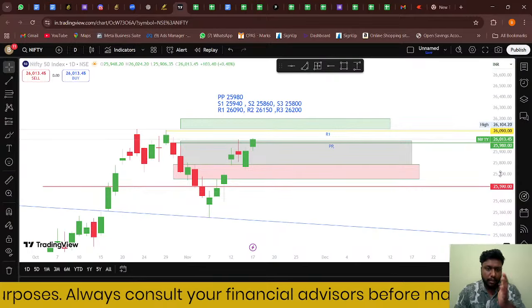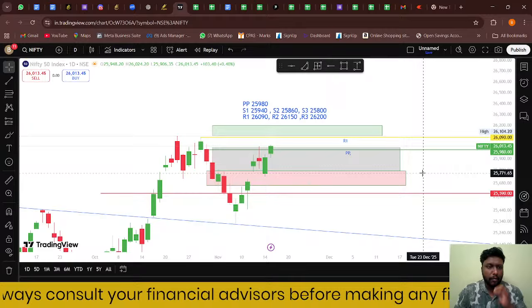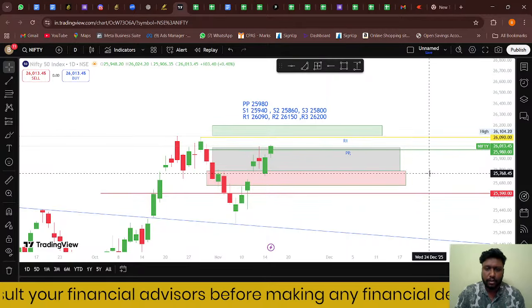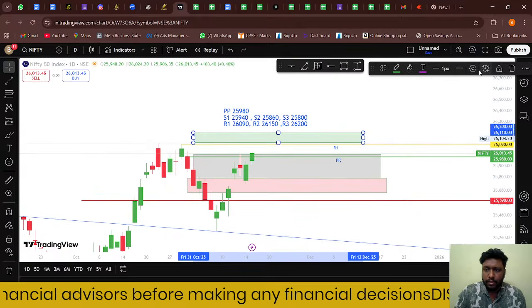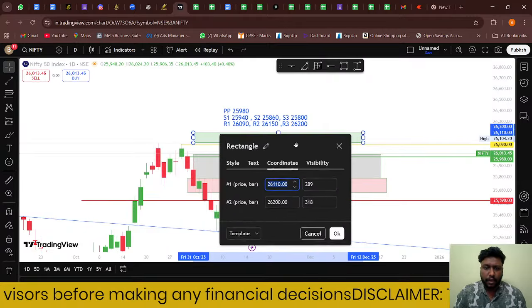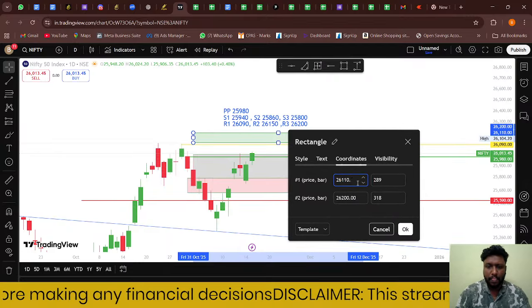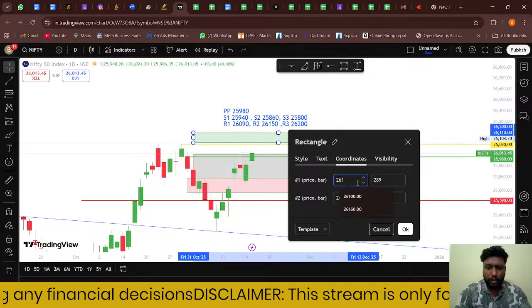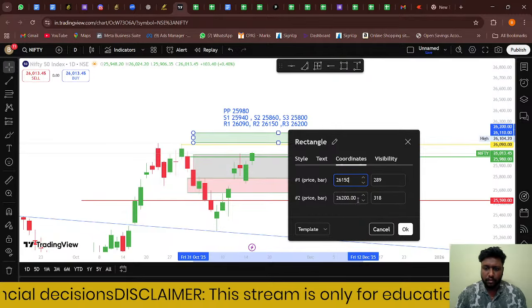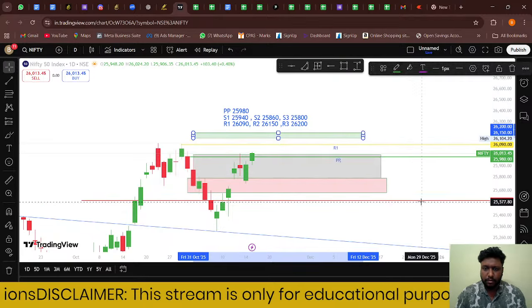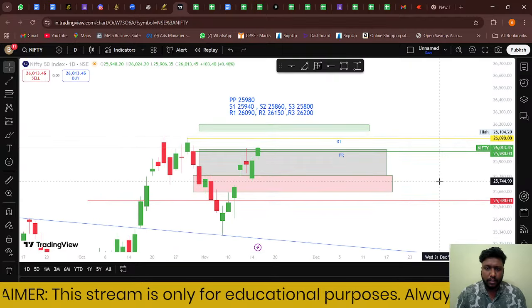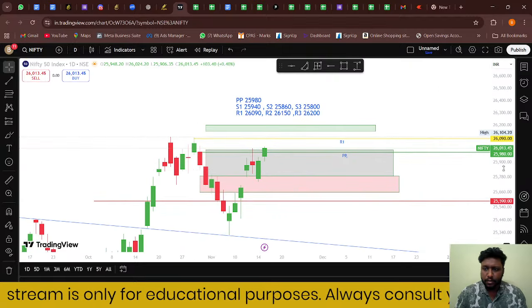So today definitely the ranges are pretty close. With respect to this, we will zone all three levels. 26,000 to R2 will be considered the bullish zone, the start of the bullish zone. So you have a shorter range, shorter touch points also.